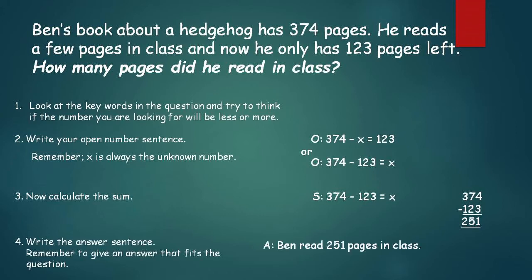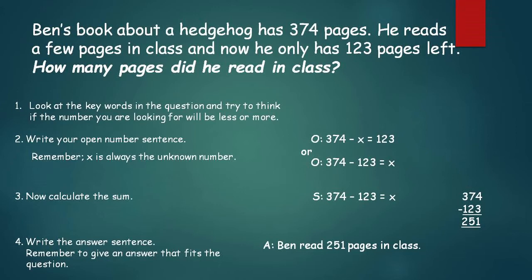The last part of our sum is to write our answer in a sentence for our actual question. So if we look at what our question was, in other words, it said, how many pages did he read in class?